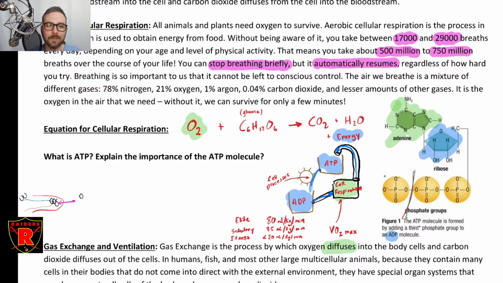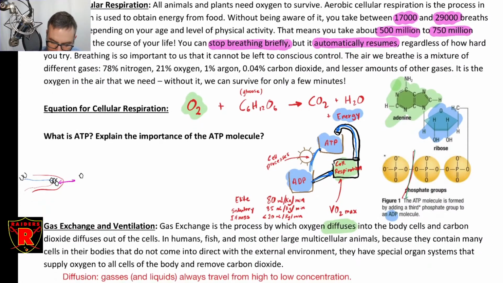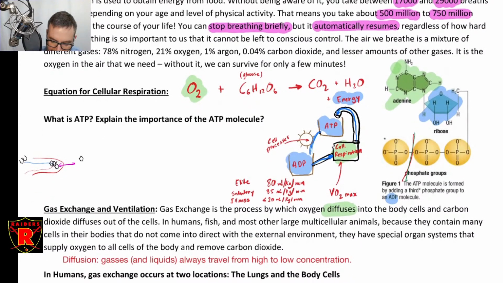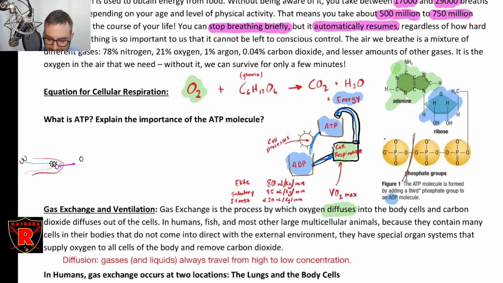But if you do, the first thing that your body will do once you become unconscious is resume breathing. So your body really does want you to keep breathing. There are some mechanisms in place that prevent you from circumventing that process intentionally. Obviously, it's so important that it can't be conscious.